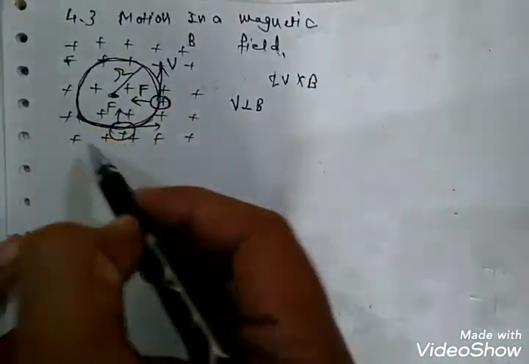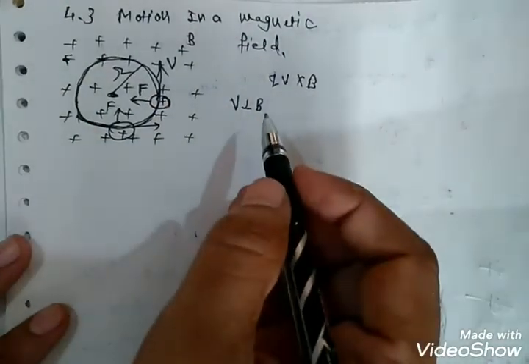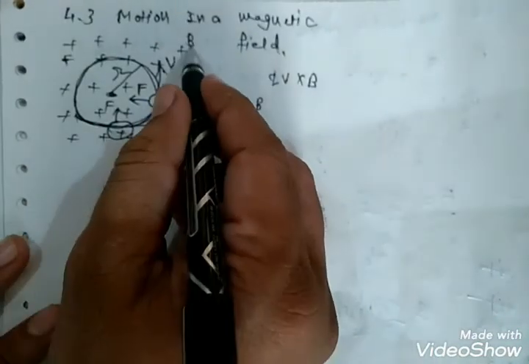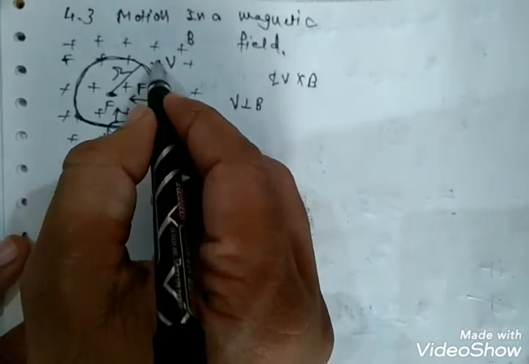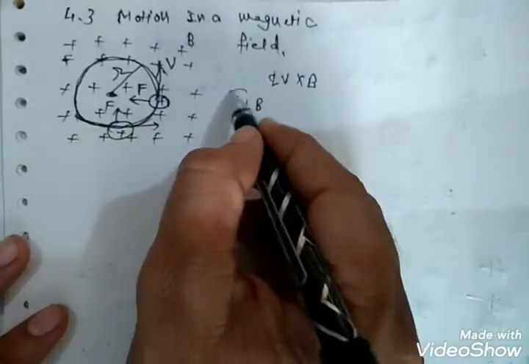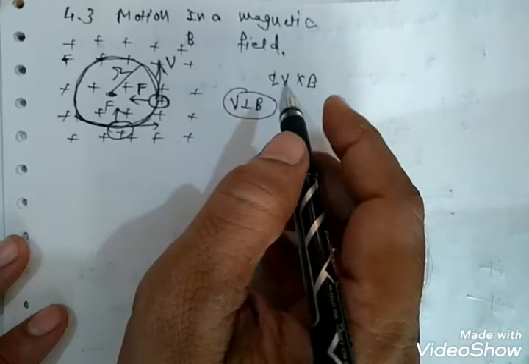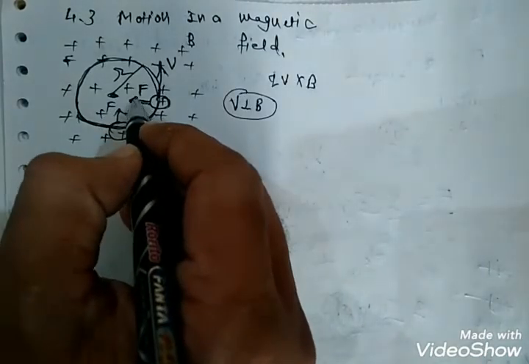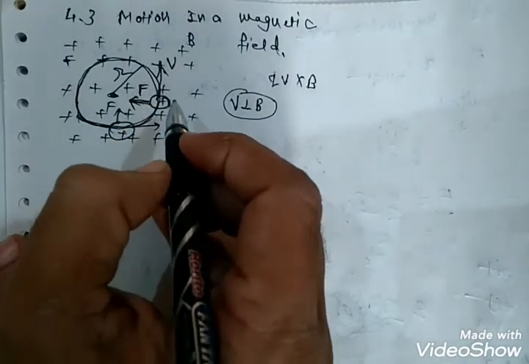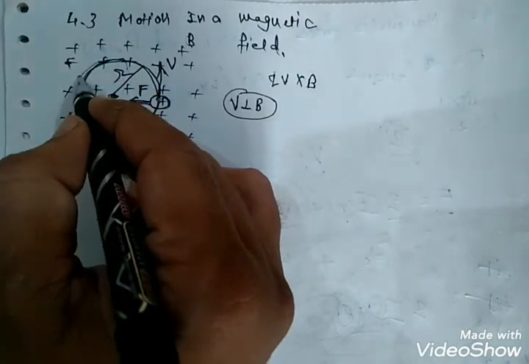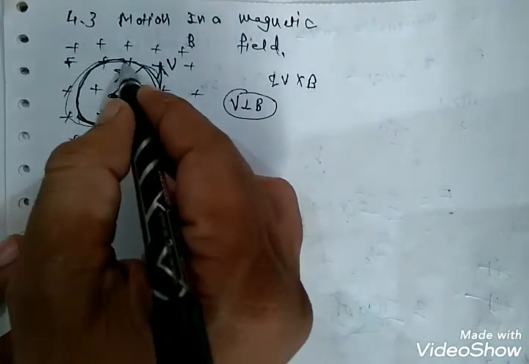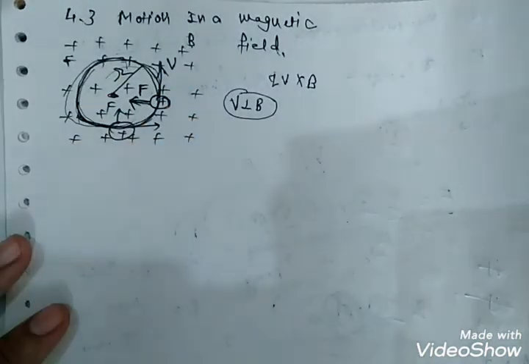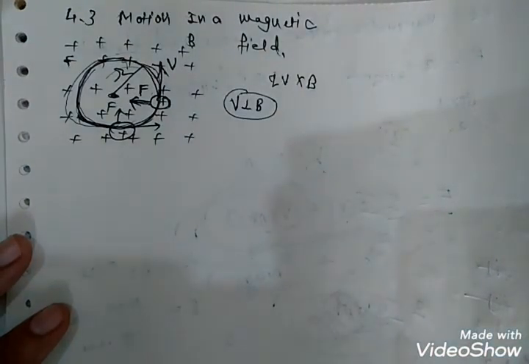Here is a uniform magnetic field. First consider the case where the velocity is perpendicular to the magnetic field B. In this case a centripetal force acts directed toward the center, so it produces a circular motion perpendicular to the magnetic field.